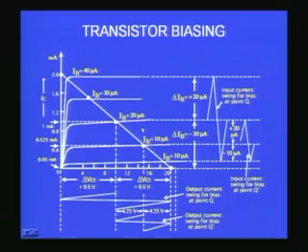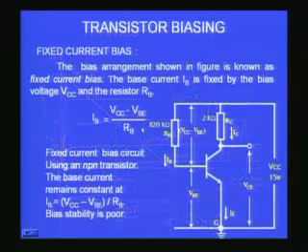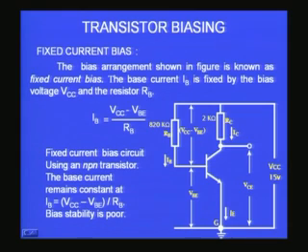Now, let us move on to the different biasing circuits. One of them is a very simple biasing circuit that I already discussed with you, and that is you use a voltage supply for the base and you use a base resistor. But instead of using a separate power supply for the base, you already have a VCC supply, and therefore I can take the base resistor and connect it to the VCC.